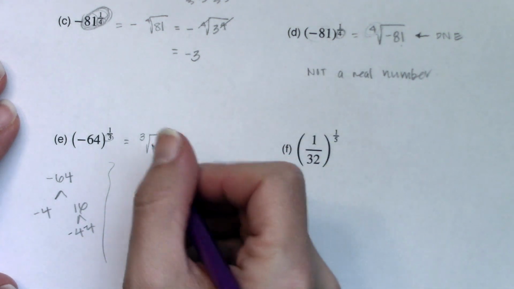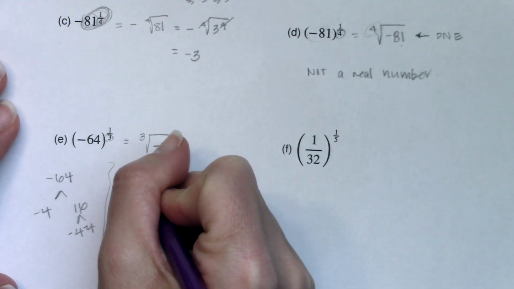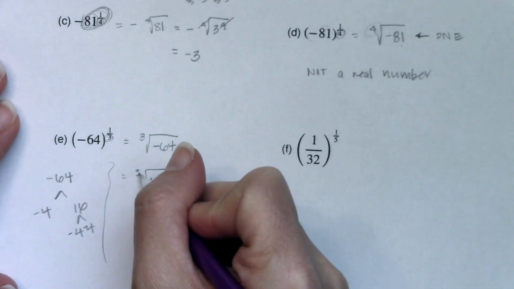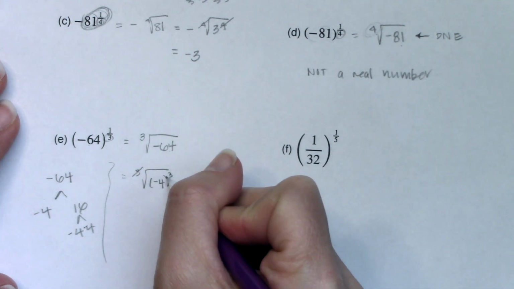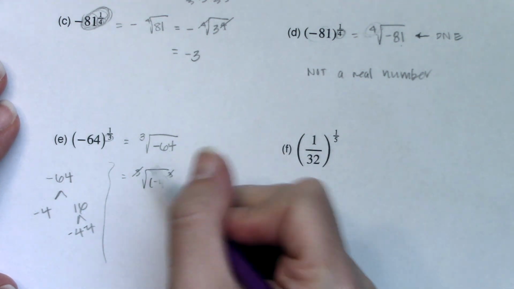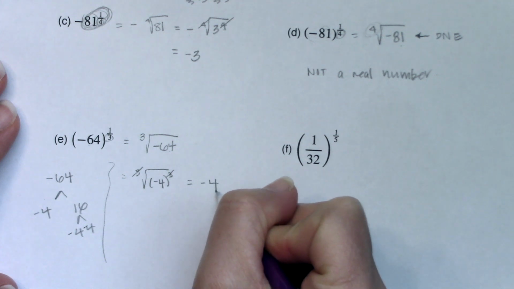So what's happening with the cube root of negative 64 is this is the cube root of negative 4 cubed. Index of 3, exponent of 3, those cancel out, and you get negative 4.